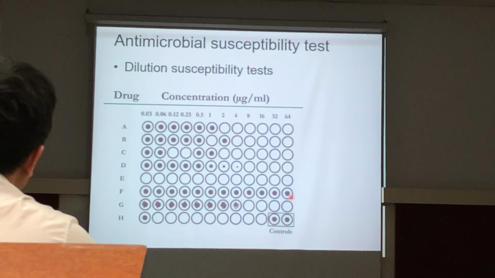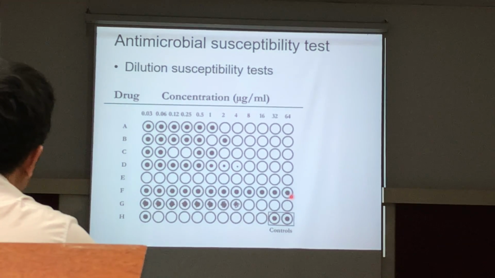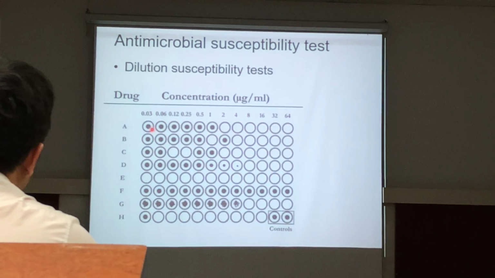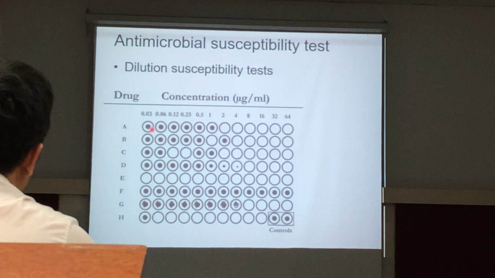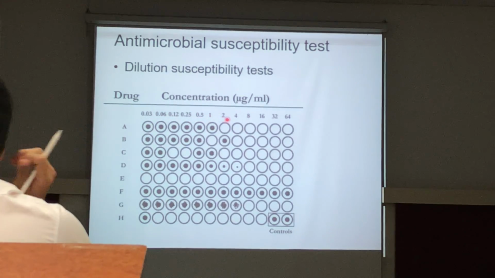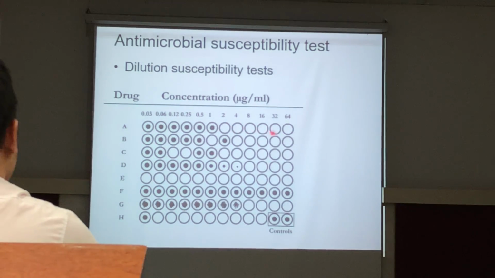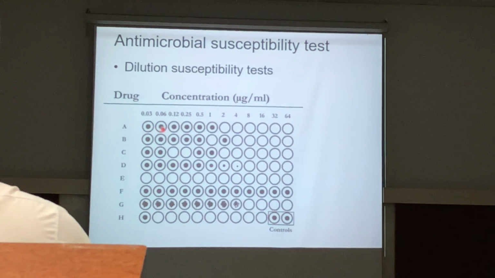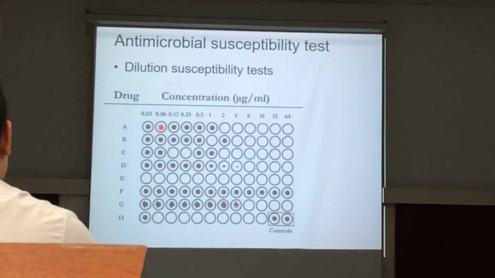Now, let's do a test. This is exactly the same dish that I showed you in the former slides. And this is the drug concentration contained in each well. Where is the MIC here? Consider that this black spot means foggy fluid.